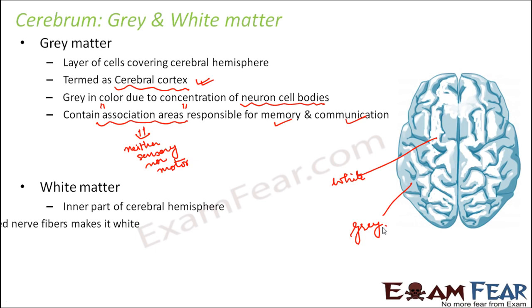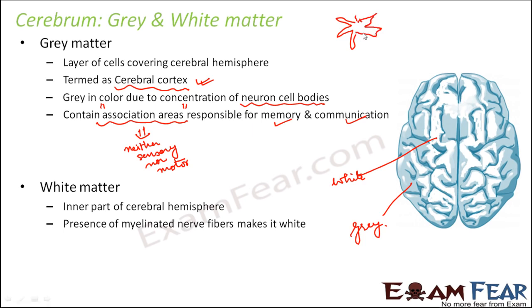Now, why is it white in color? It is due to the presence of myelinated nerve fibers. As you remember, this is how the neuron looks. This portion is the cell body, and this part is the axon.